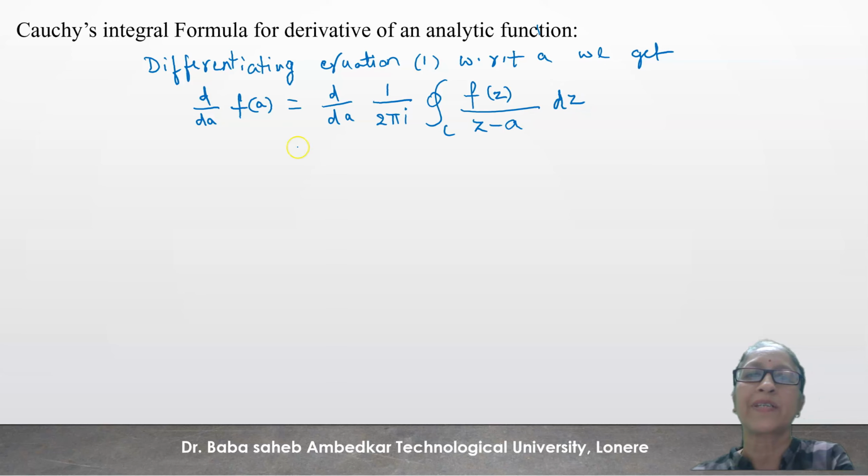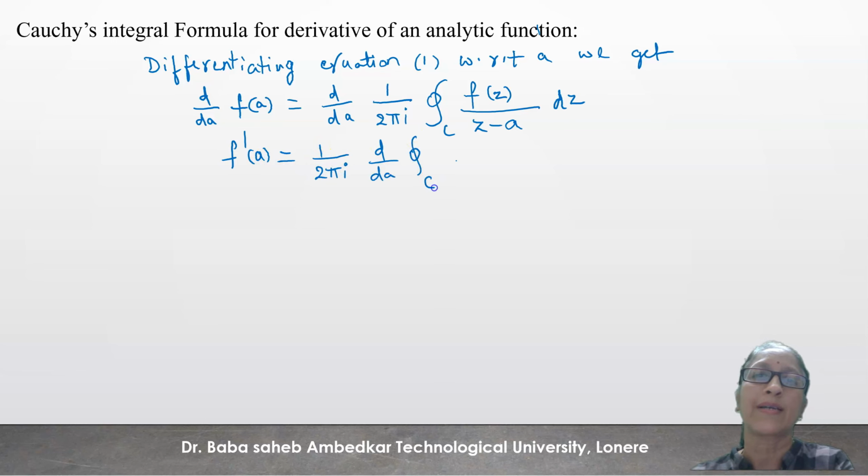Here we use differentiation under the integral sign on the right hand side. Here we get f dash of a, but on the right hand side, 1 by 2 pi i into d by da of contour integration of f(z) by z minus a dz.